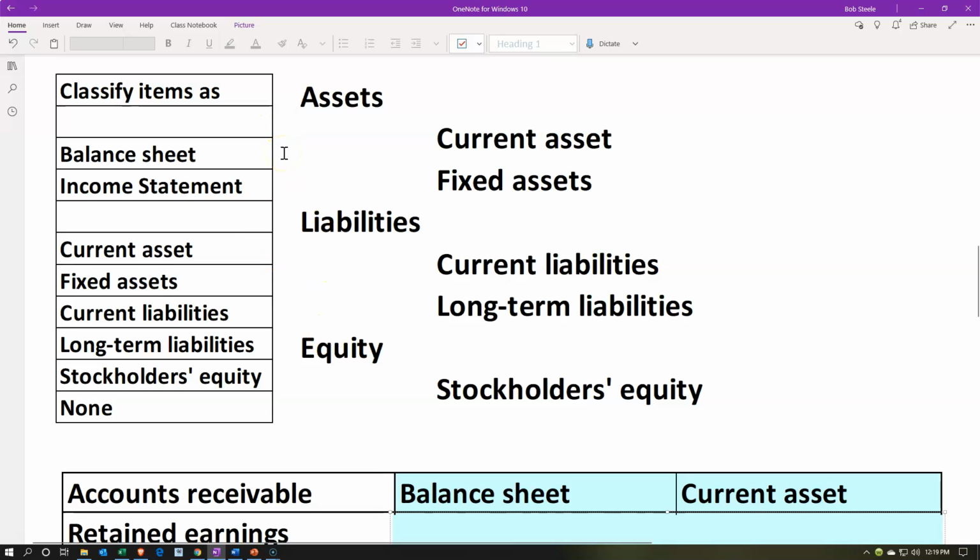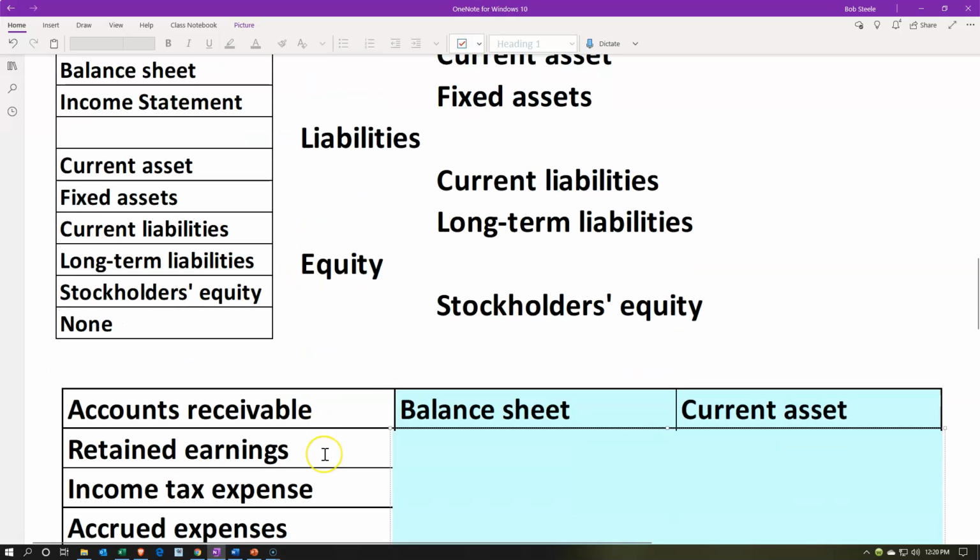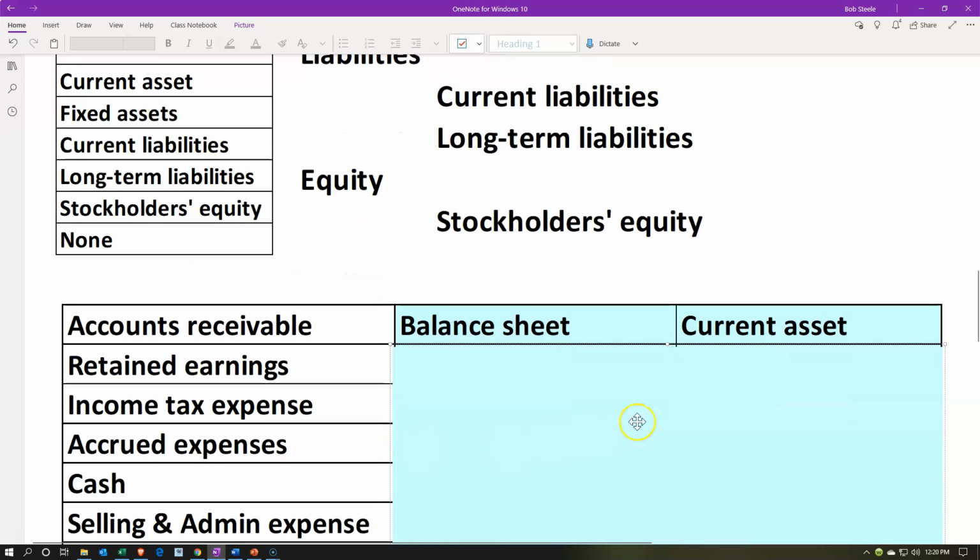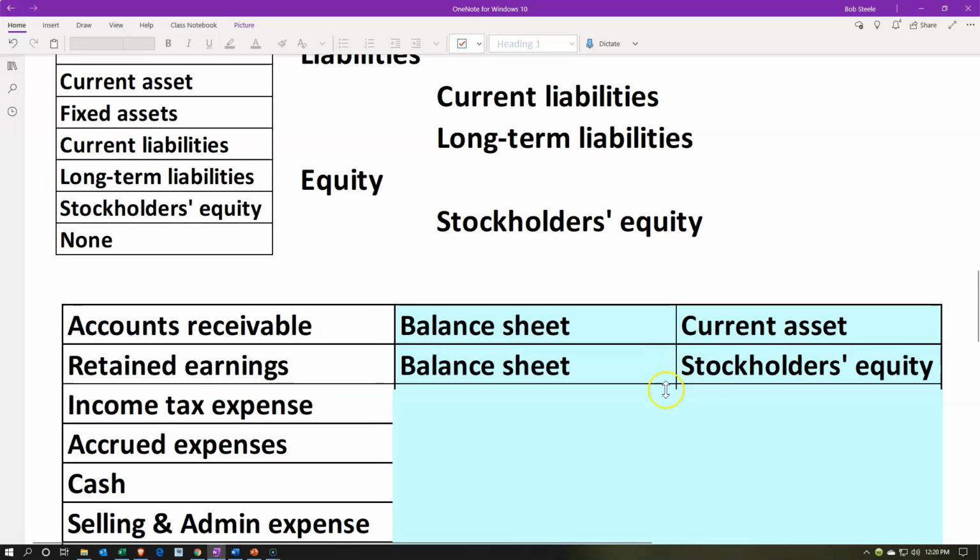And the equity section will be broken out into the investments that the owner put in, which will be common stock and the additional paid-in capital, and then we'll have to deal with preferred stock, but that's the main category. And then you got the retained earnings, which represent the earnings that have accumulated that have not yet been distributed in the form of dividends. So that's going to be balance sheet, stockholders' equity.